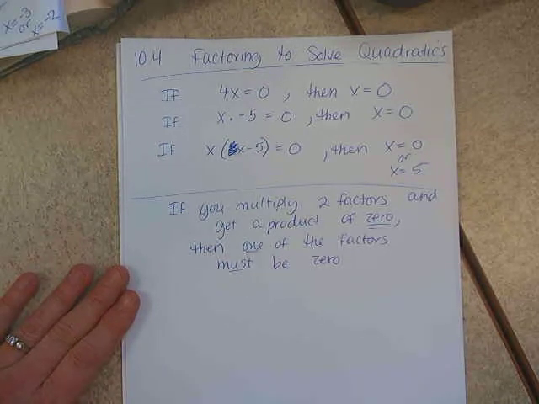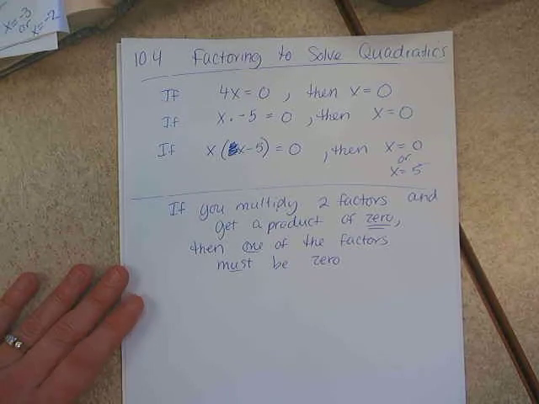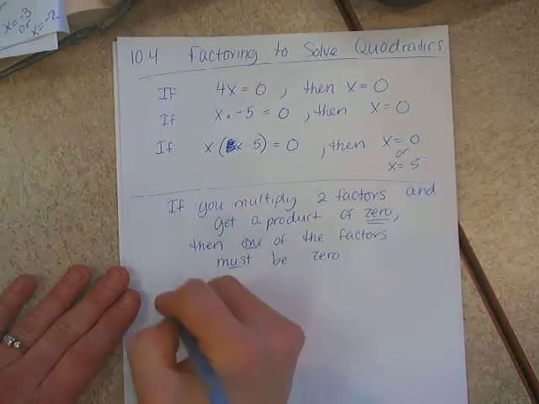That's the only way we can multiply two things and get 0. One or the other has to equal 0. Yes?